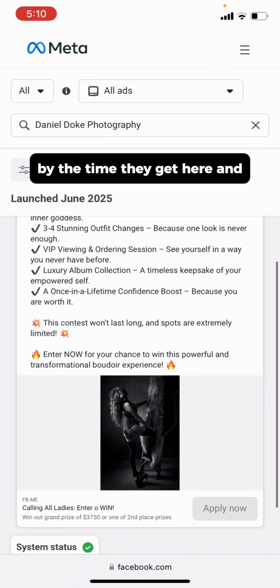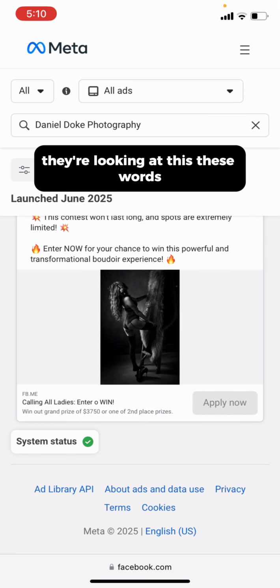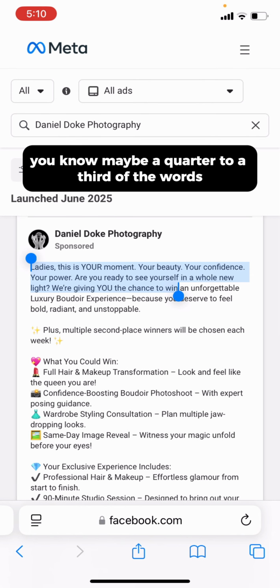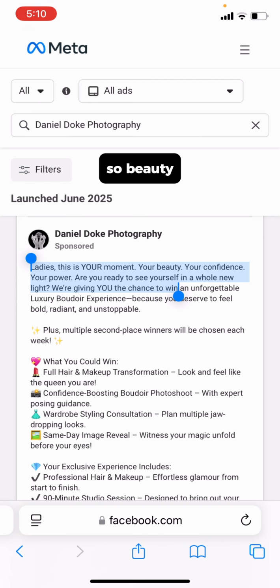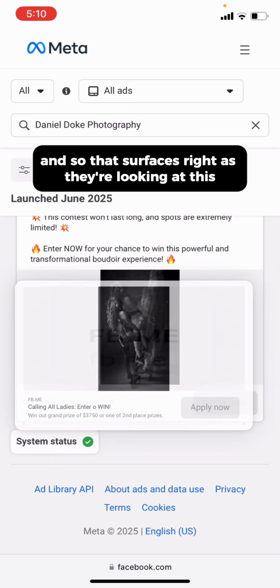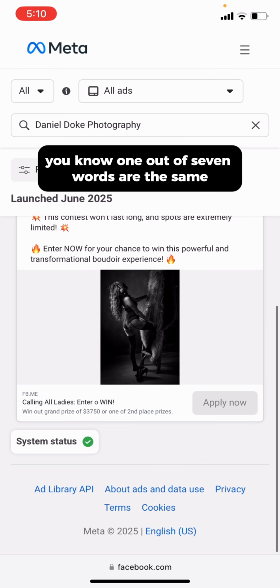By the time they get here and they're looking at these words, their subconscious has registered and surfaced maybe a quarter to a third of the words or word phrases we got here. So beauty, confidence, chance to win. And so that surfaces right as they're looking at this. And win, okay, 1 out of 7 words are the same.